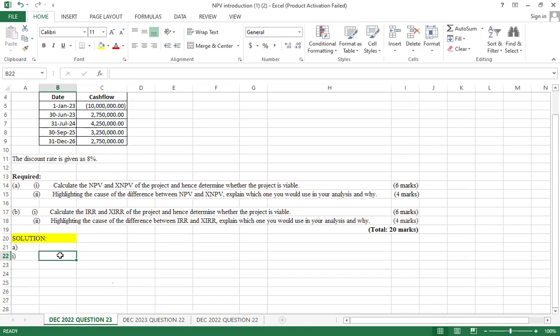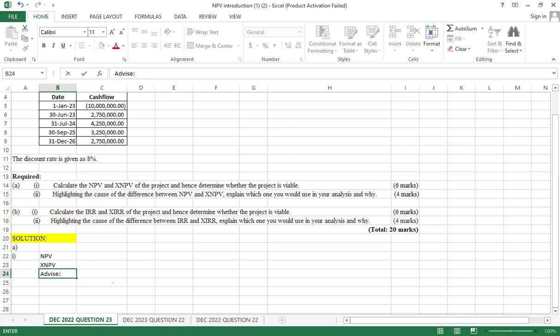One is what we are calling NPV, and then the second one, the XNPV. And then we are told to determine whether the project is what? Viable. So we are to give advice on the project viability, yeah?